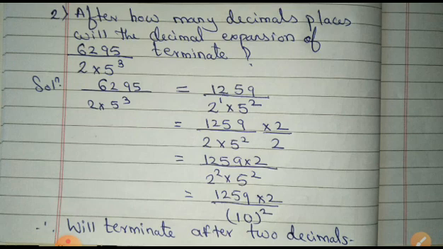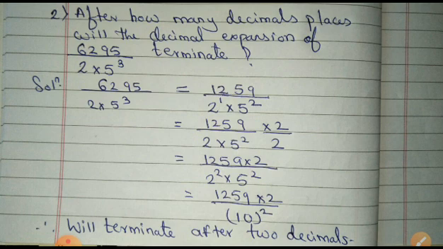Here the highest exponent of the denominator is 2. That means in order to make the exponent of 2 as 2, I have to multiply your numerator and denominator by 2.